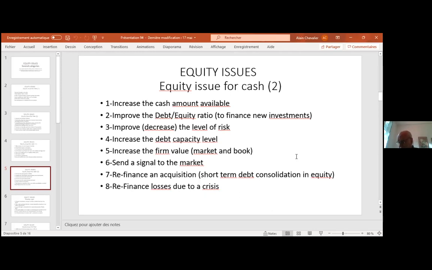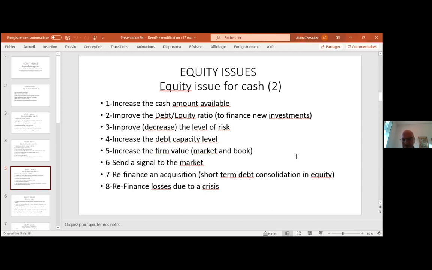And of course, the CFO had to find a way to restructure the right side of the balance sheet. Very often, it means making a swap between short-term and long-term debt, but after that moving the long-term debt into equity through an equity issue for cash. We'll see that in the M&A course later.